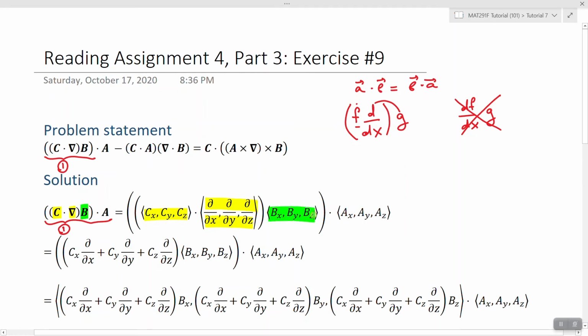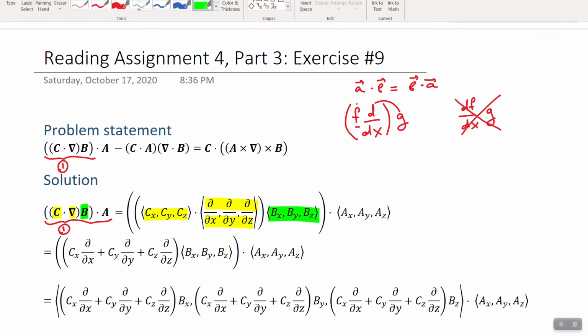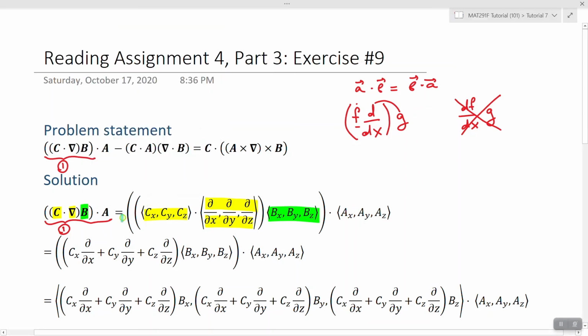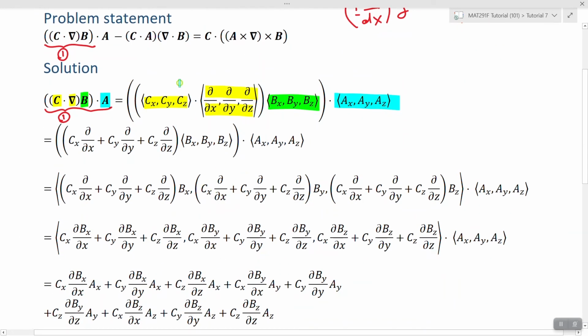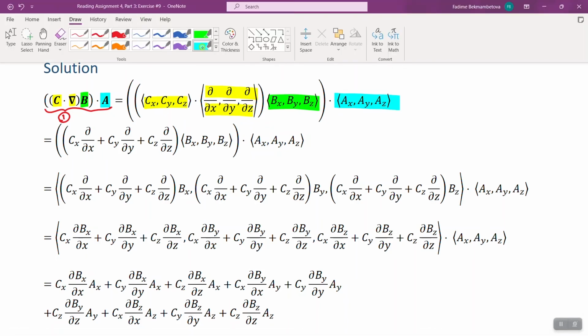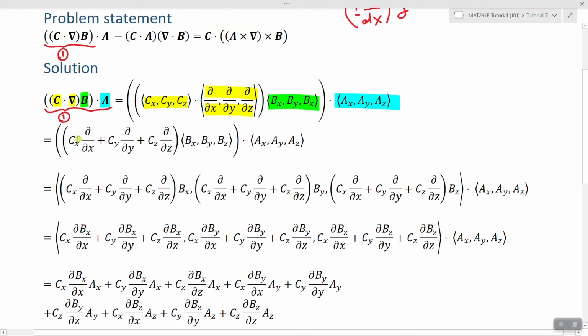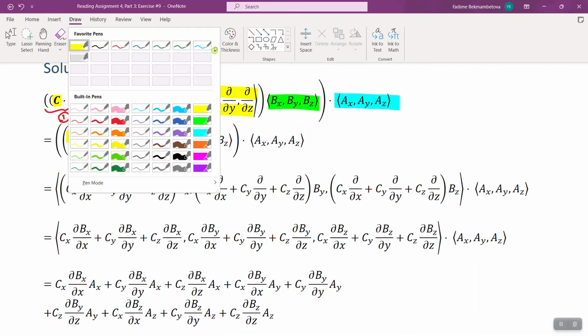The vector b is here, and we have vector a right here. Next, I expanded out this product over here, and I got this expression in brackets. So you see cx partial x plus cy partial y plus cz partial z. And then as before, we have the b vector and the a vector.